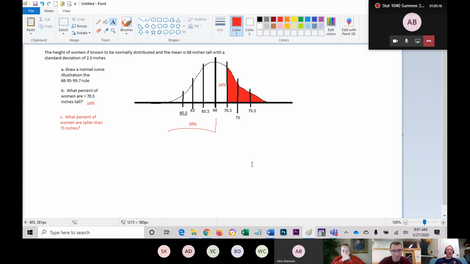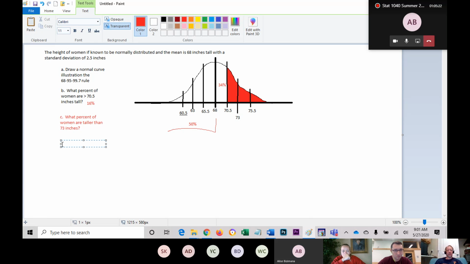So here, let me ask you another question that I think you know the answer to, and hopefully that will help you with part C. So I'm going to ask you part D. What percent of women are between 63 and 73 inches tall?